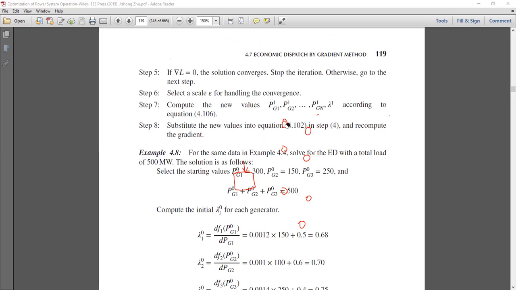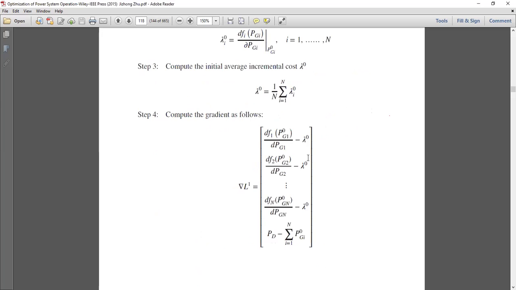So what are the unknowns? PGs and lambdas, these are your unknowns. After initialization, this 0 means initialization, this is your first calculation of your gradient. You check whether all of the gradients are 0 or not.